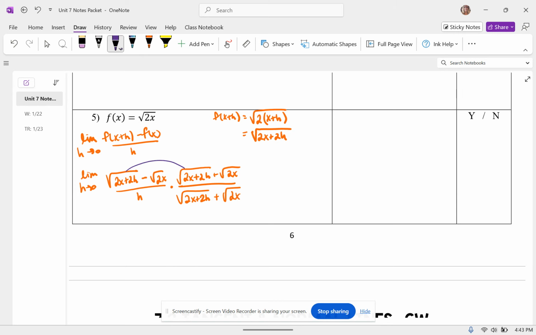Okay, so now I have this. I would have 2x plus 2h plus... Oh, good, these cancel.